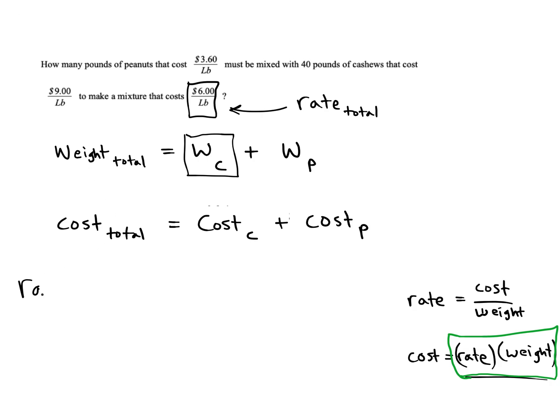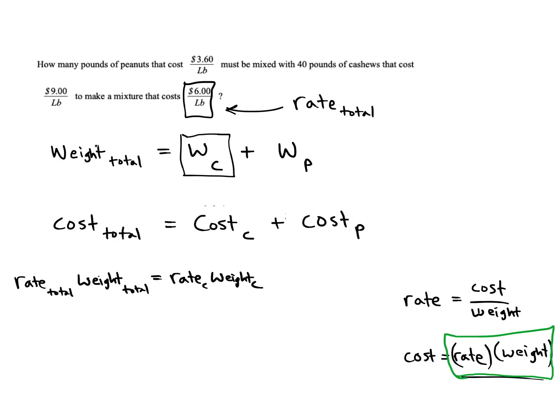That would give us the total rate times the total weight, and we'll have the rate of the cashews times the weight of the cashews, and we'll have the rate of the peanuts times the weight of the peanuts.